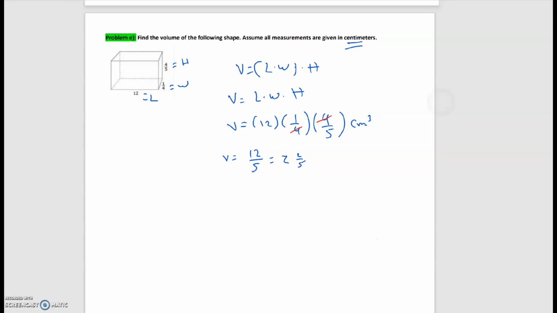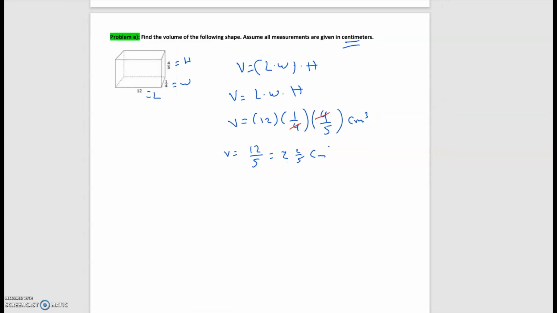That's another way of viewing it, and it'll be centimeters to the 3rd power. Then let me just rewrite it as the volume V is equal to 12/5 centimeters to the 3rd power, or in case they're asking for a mixed number, this is 2 2/5 centimeters to the third.